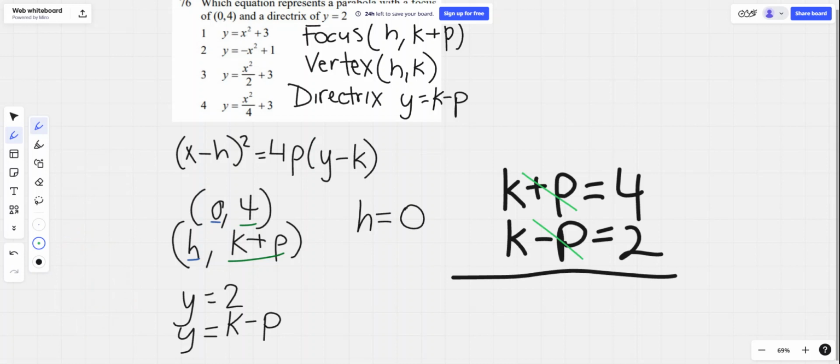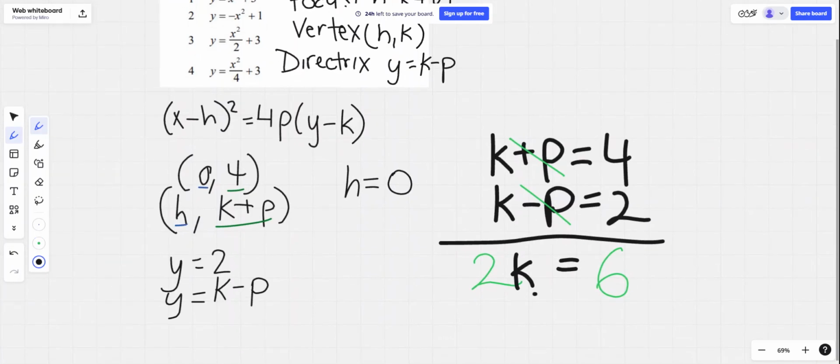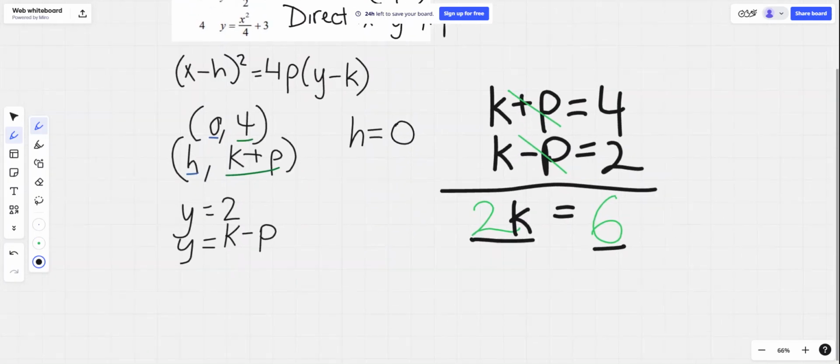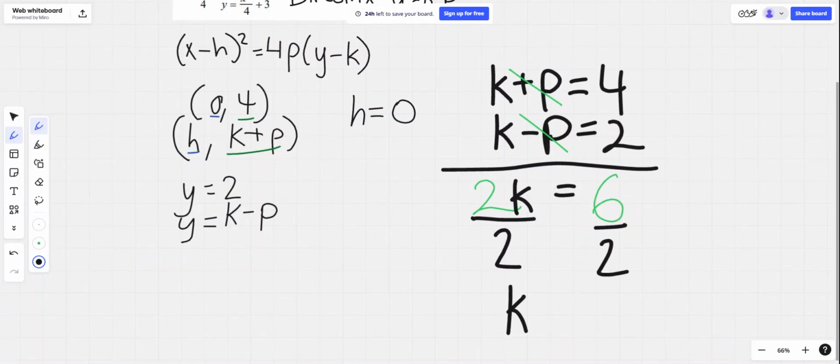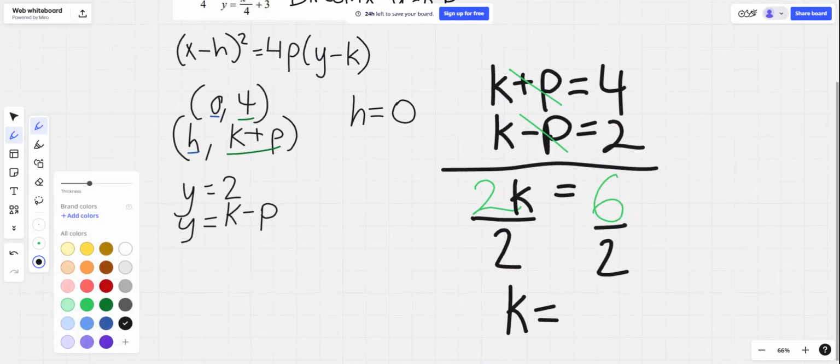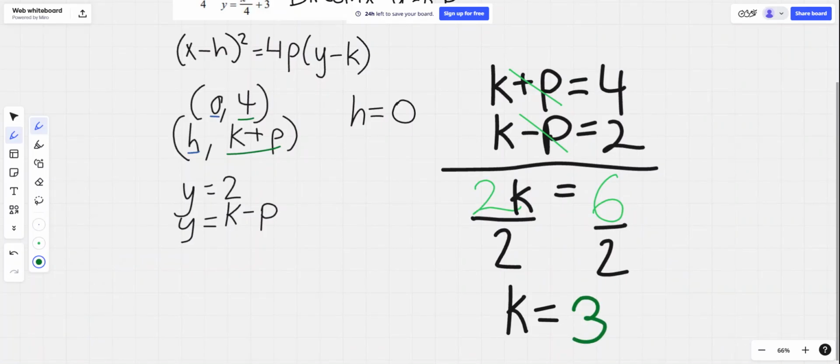We can add k plus k, which gives us 2k, equals 4 plus 2, which gives us 6. Let's divide by 2 on both sides, and we get k equals 3. So now we know that k equals 3.